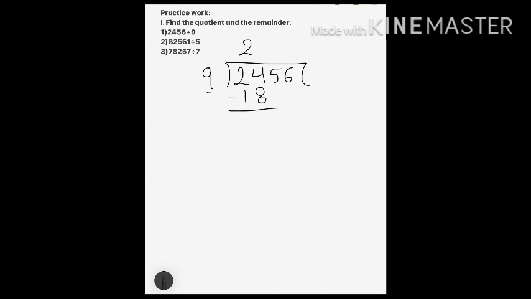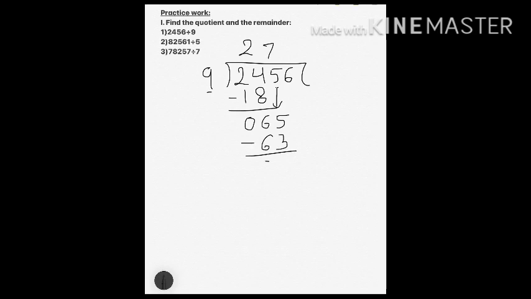Alright students, now when I subtract it, I'll get 6. So I'll bring down the next number. Now 6 will become 65. Now I have to check 65 in the table of 9. So it will go 9 7s are 63. Because 9 8s are 72, which is a bigger number, so I will go with 9 7s are 63.